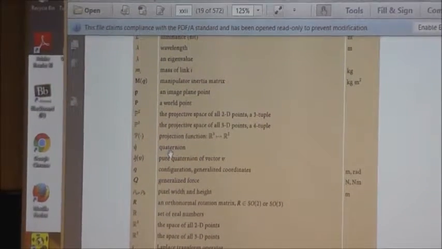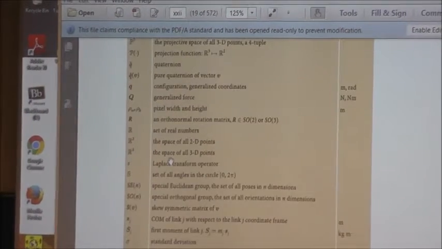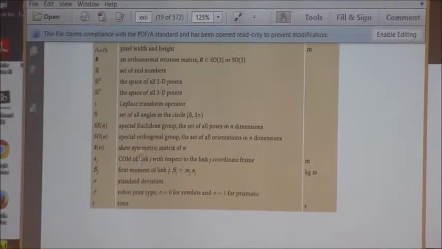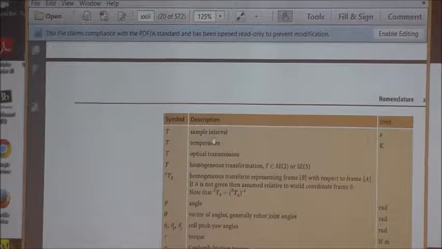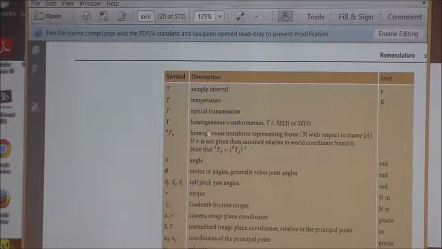We'll talk about quaternion later on. Homogeneous transformation, we have seen that already, T matrix. Homogeneous transformation representing frame B with respect to frame A, like this.